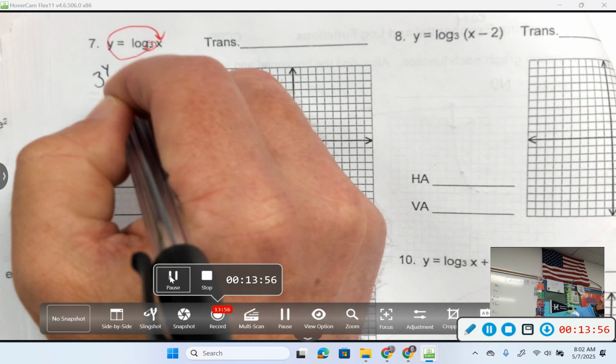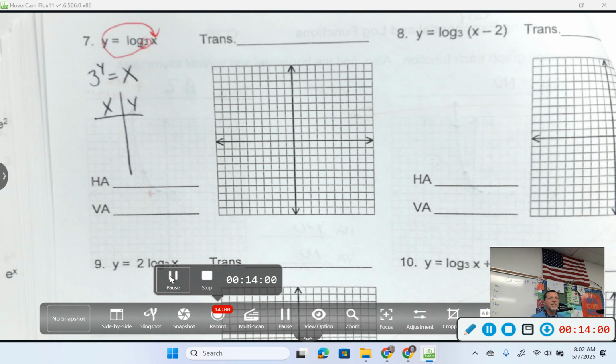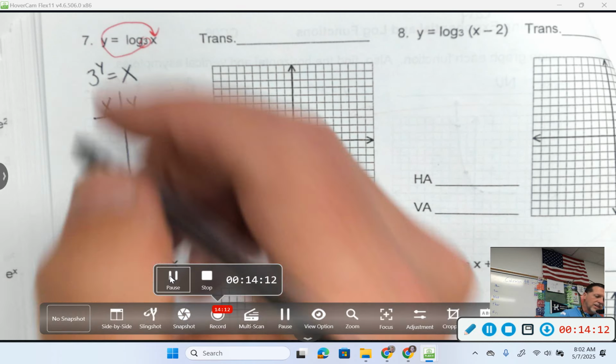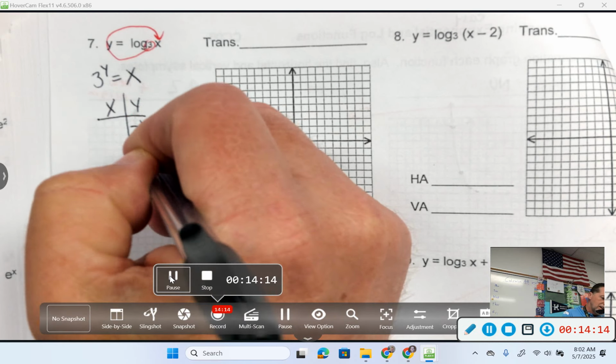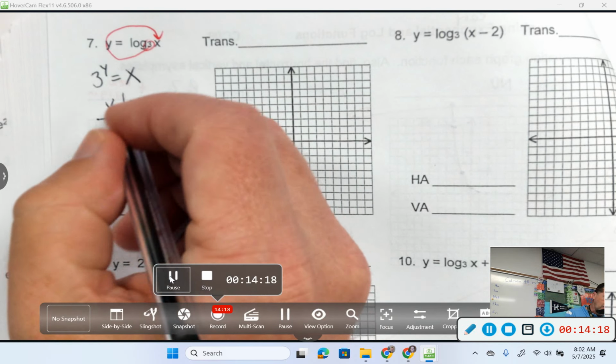Let's do a table. Although this table is going to feel weird because x and y are kind of backwards. So instead of picking x's to plug in, I'll pick y's to plug in. And based on what we just did, what do you think would be good y values to plug in? -1, 0, 1. Let's see, 3 to the -1.